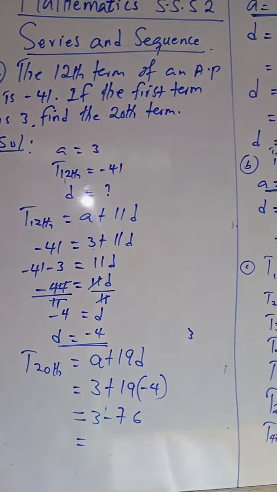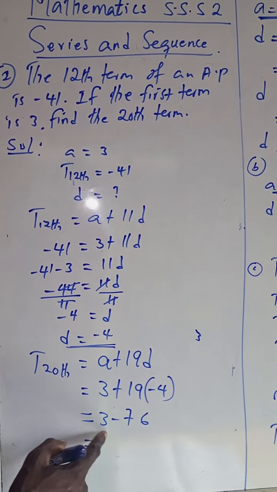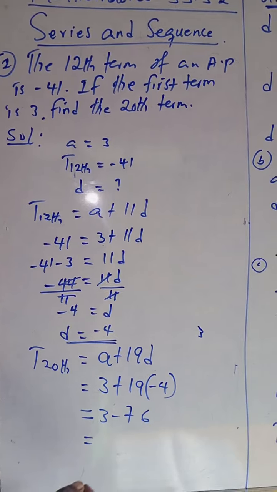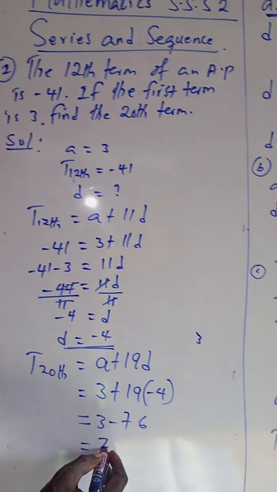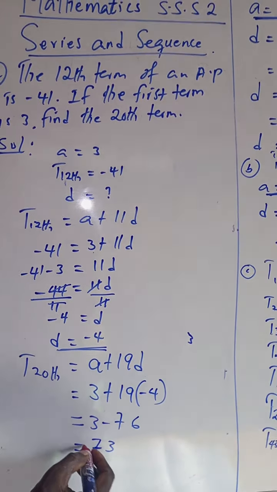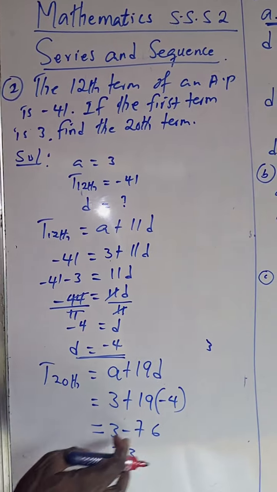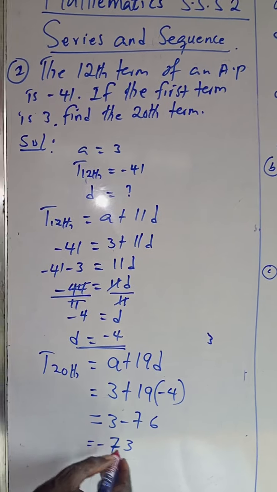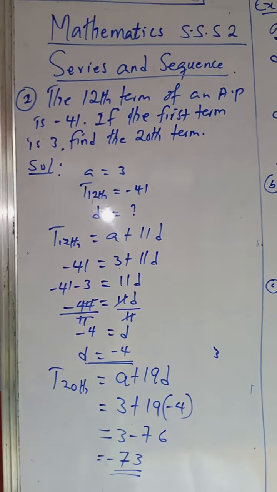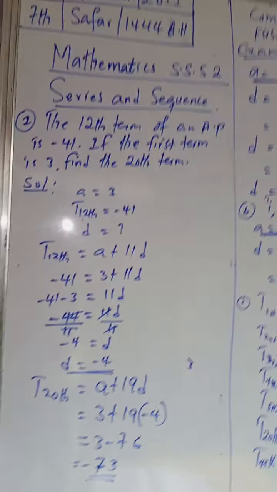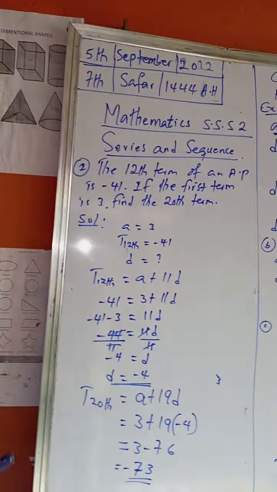So finally my answer is 3 minus 76, that's minus 73, because the symbol of the bigger number eventually comes out. So that's minus 73.